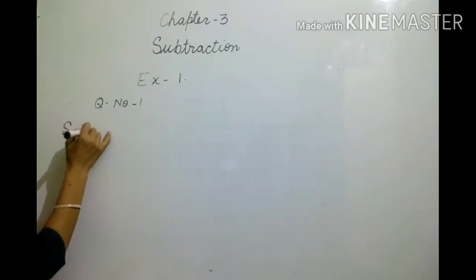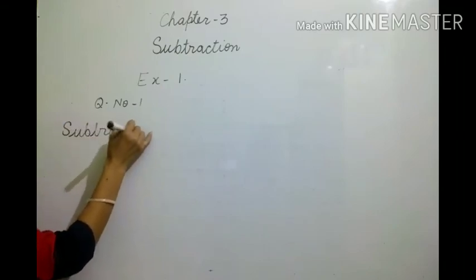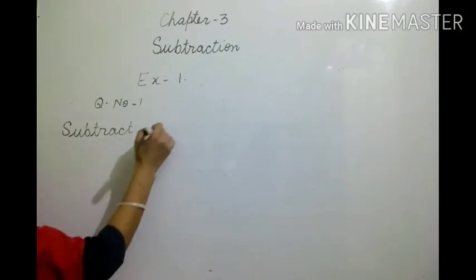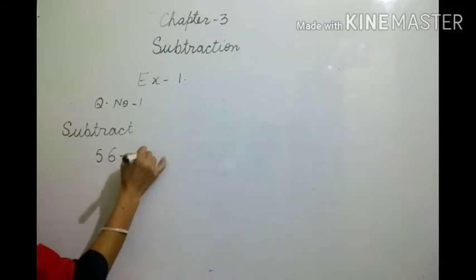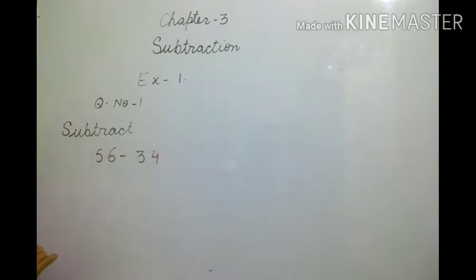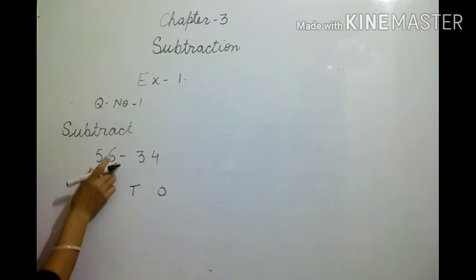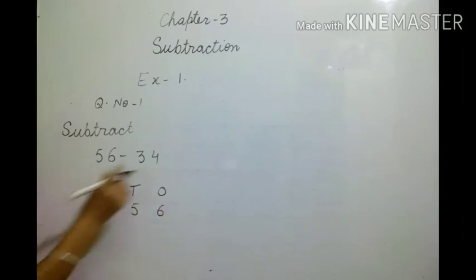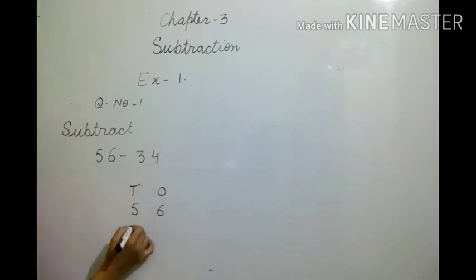Subtract 56 minus 34. First, we arrange the numbers in columns. 56 is the larger number, you will write above, and below 34, which is the second number, put the minus sign.